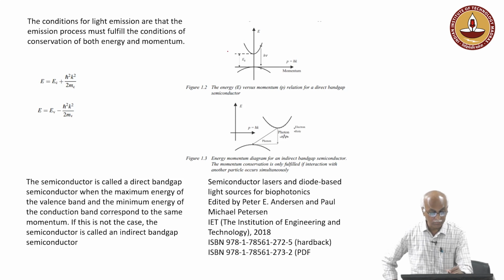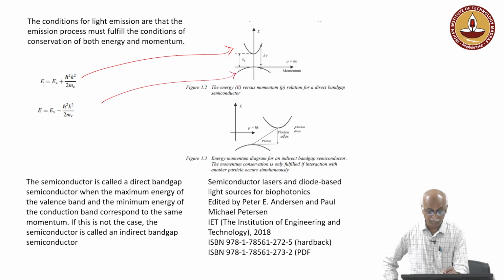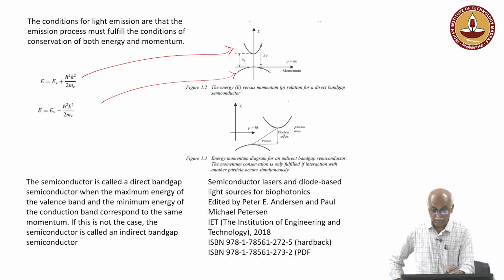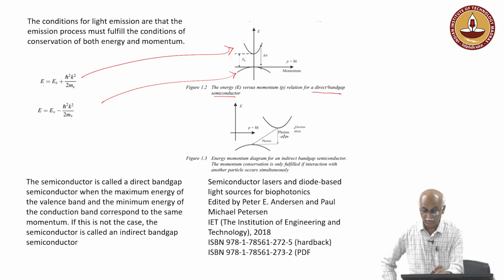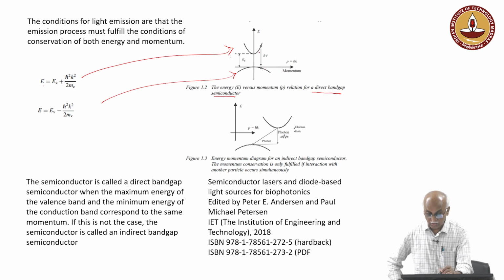The conduction band has this type of electrical energy distribution, and the valence band will have this type of energy distribution. If it is a direct band gap semiconductor, then when an electron combines with the hole, the momentum of the electron as well as the hole will be matching with each other.